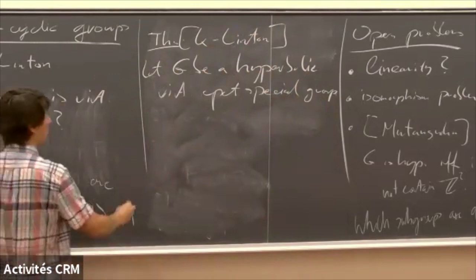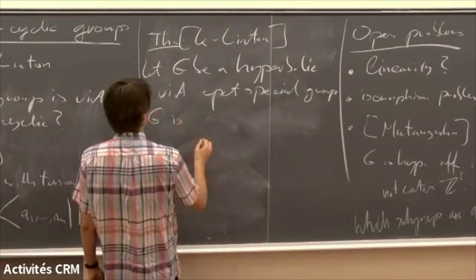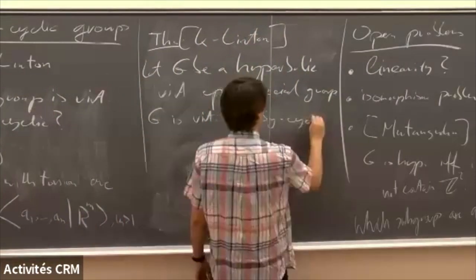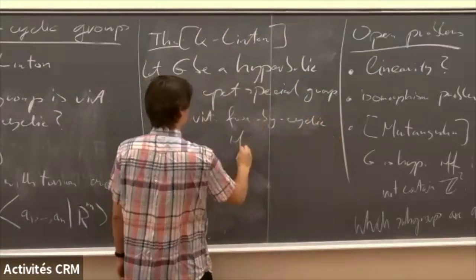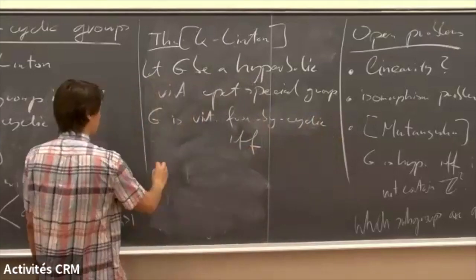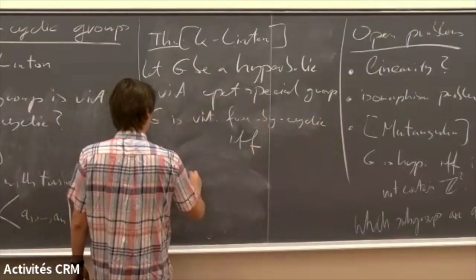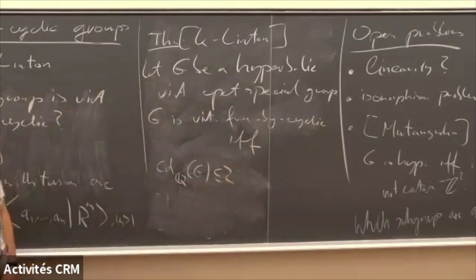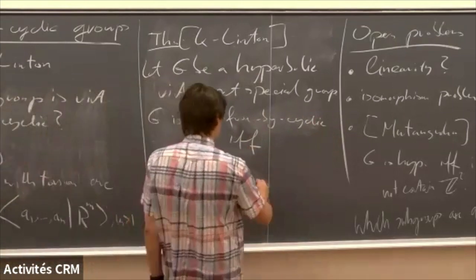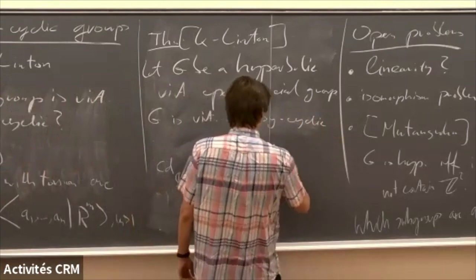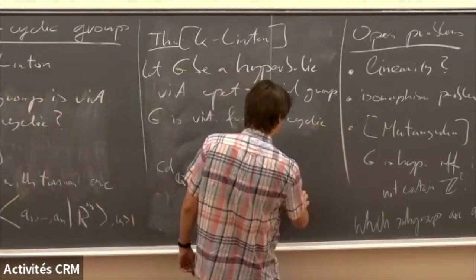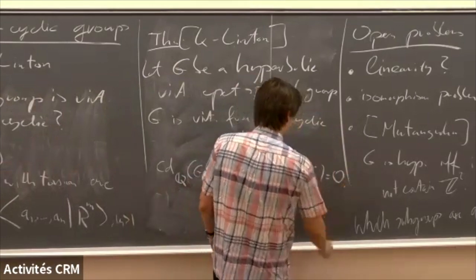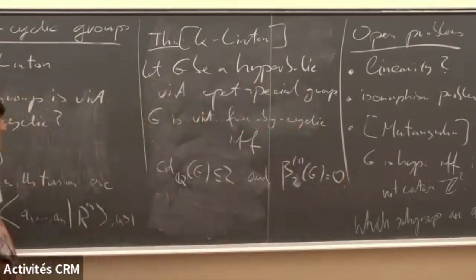Now here's the statement: G is virtually free-by-cyclic if and only if two things happen. First of all, you need the cohomological dimension of G to be low, but certainly without that, you have no chance of being free-by-cyclic. What's the second thing? You want the second L2 Betti number of G to be 0.